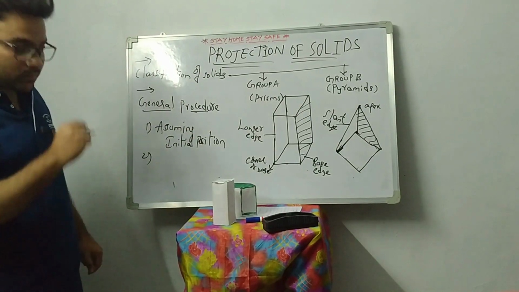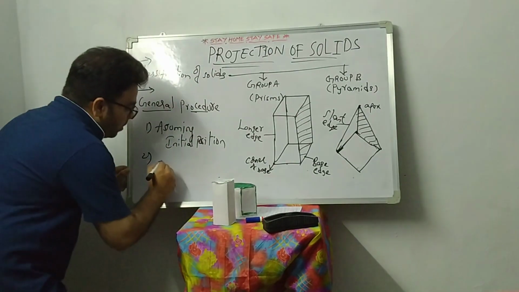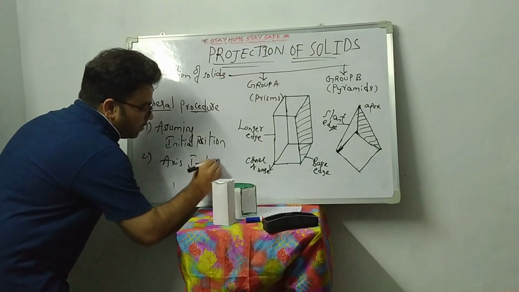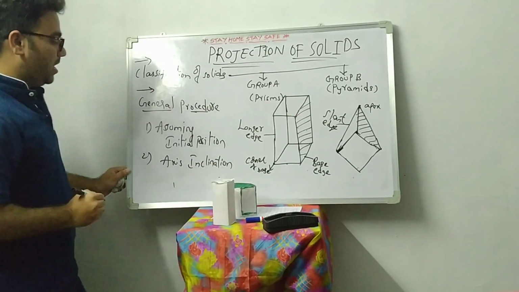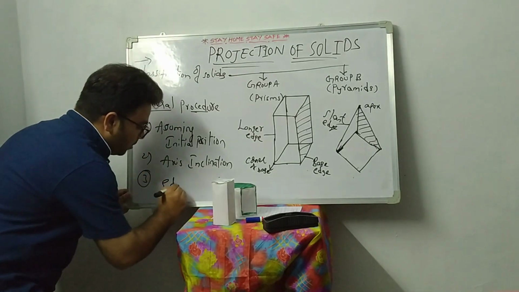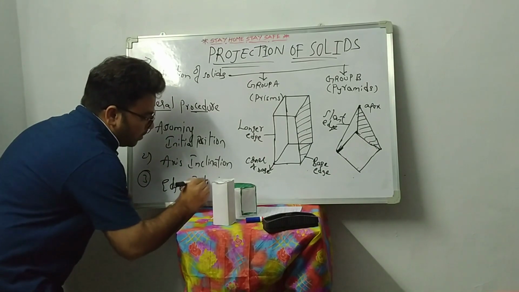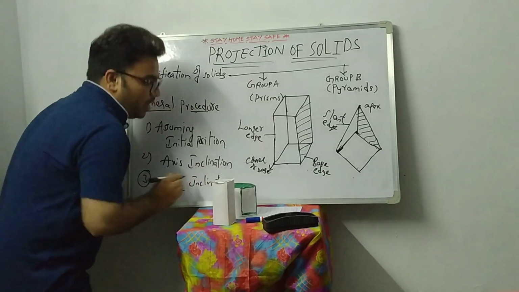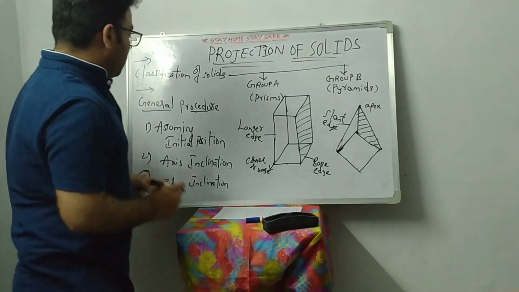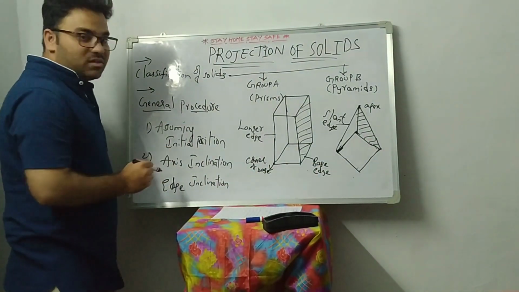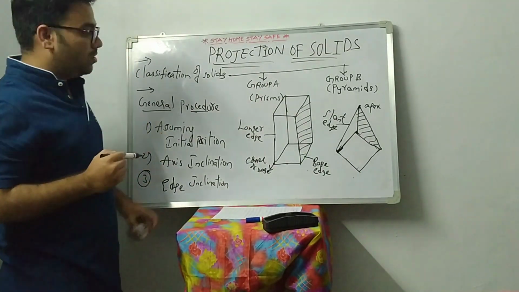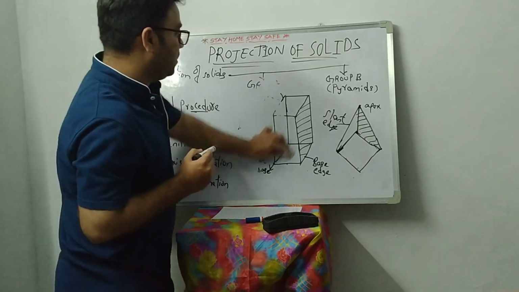Second one is axis inclination. Third one is edge inclination. So here we are going to construct the top view and front view of a solid using these three steps. So let us see these three steps.